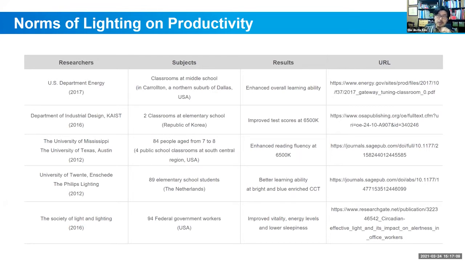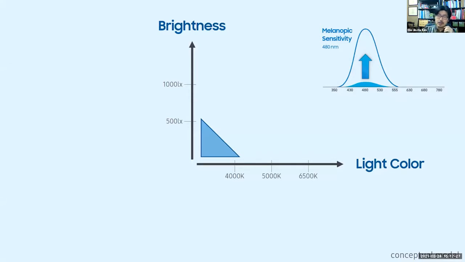Every one of them ends up with the same conclusion: blue-rich white light promotes such functional aspects of human beings. Then why don't we have as much cooler CCT or brighter lighting for alertness in offices and schools, rather than 4,000 Kelvin, a more comfortable lighting condition? I think it's probably because it's not really visually pleasing.